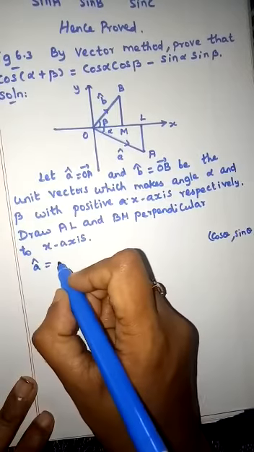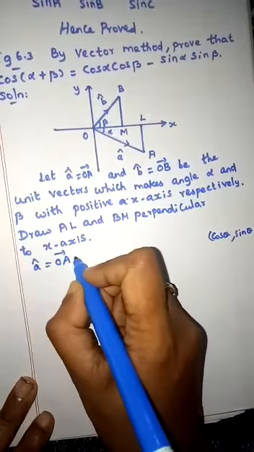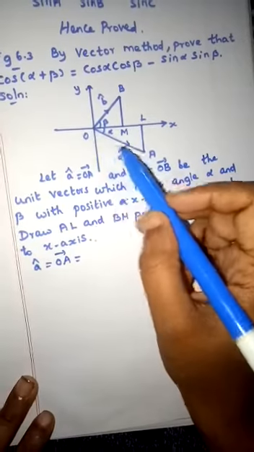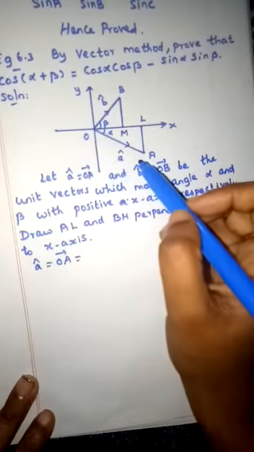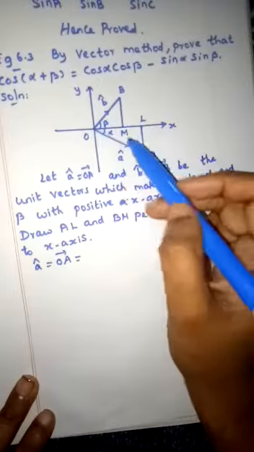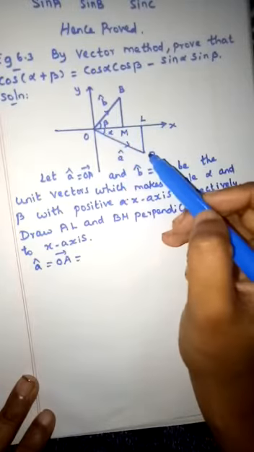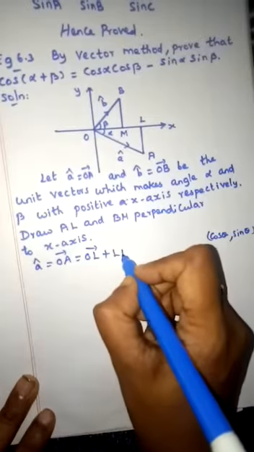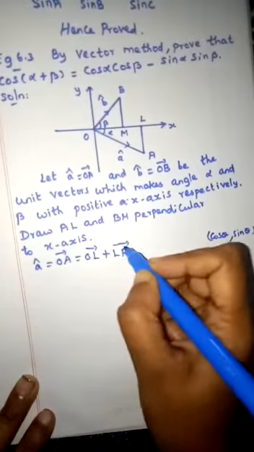I said OA vector, isn't it? From O I have to go to A. In this way I can go O to L plus L to A. So this can be written as OL vector plus LA vector.